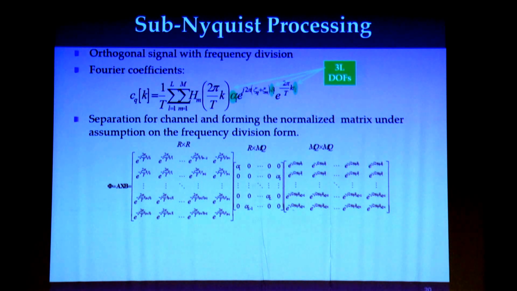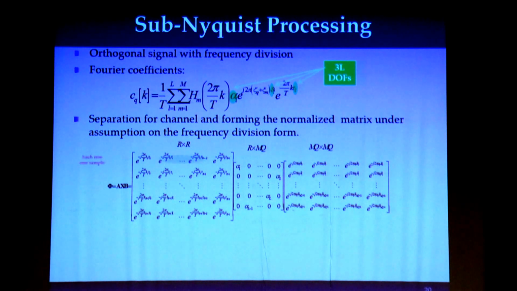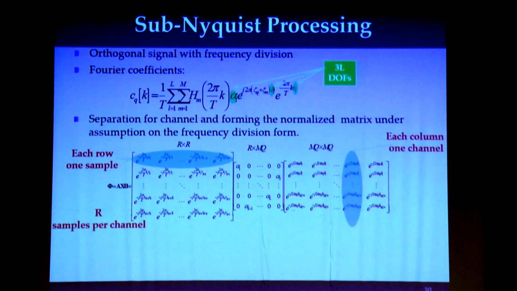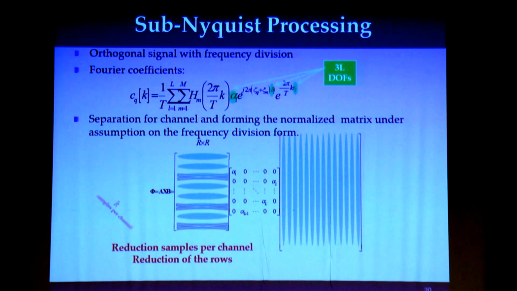And we have here in the middle the sparse matrix that we want to recover, with the amplitudes at the location depending on the delay and the azimuth. On the left side, we have the Fourier matrix depending on the delays, and on the right side, the Fourier matrix for the azimuth. And again, instead of taking the whole matrix, we're going to look at a partial Fourier matrix.